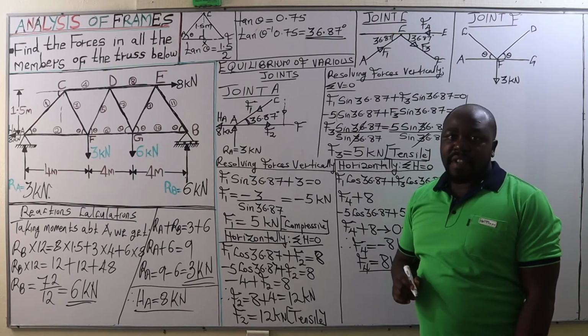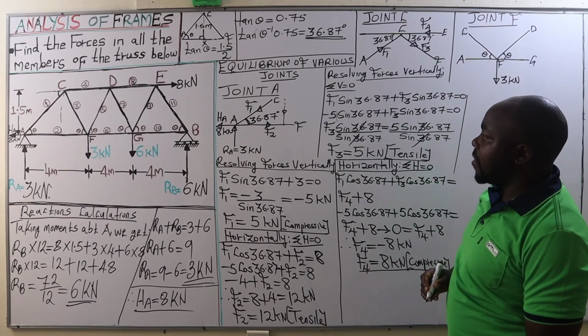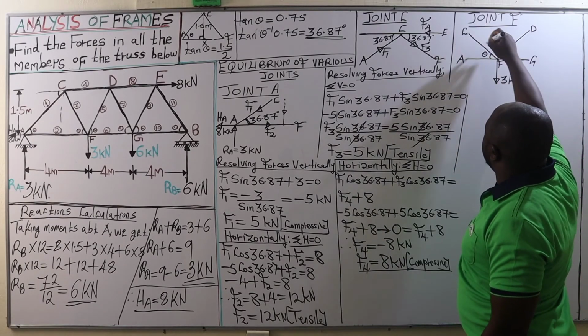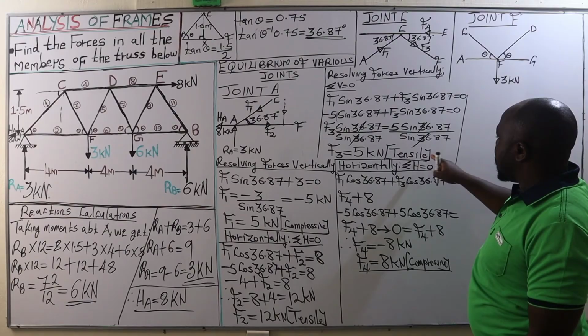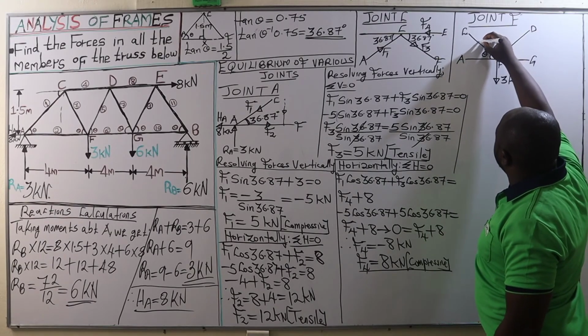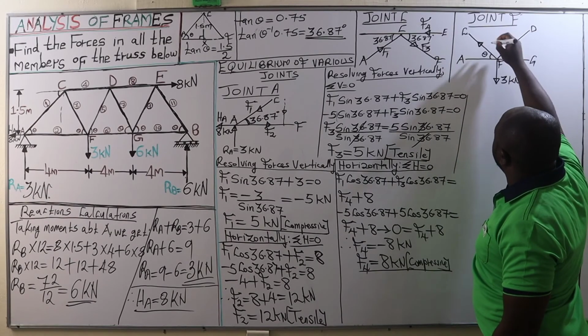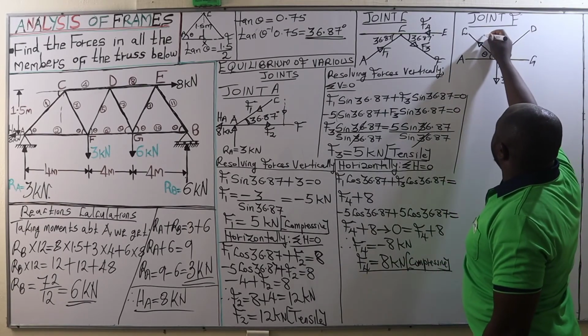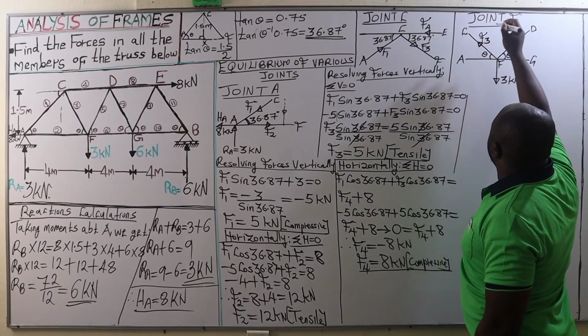Good. So let's assume that we have the following members, the following forces. Definitely on member CF, the force F3 is tensile, and therefore it is pulling joint F. So here we have F3.